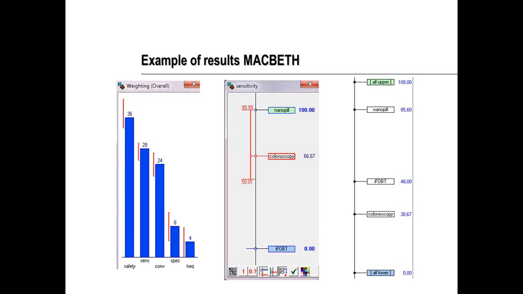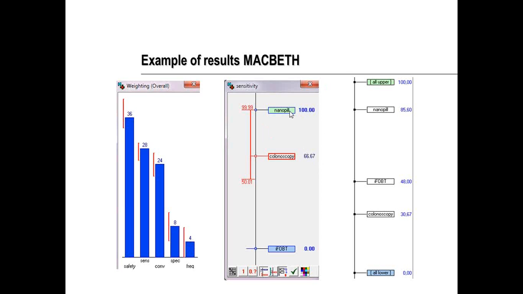If you say something is moderately more important than another criterion, it could mean that it is 2 times more important or 4 times more important. So what they suggest is also a range of weights in which your judgment makes sense. And then you can adapt if you think, well, I still thought that frequency should be a little bit more important, and it's possible to adjust this weight.